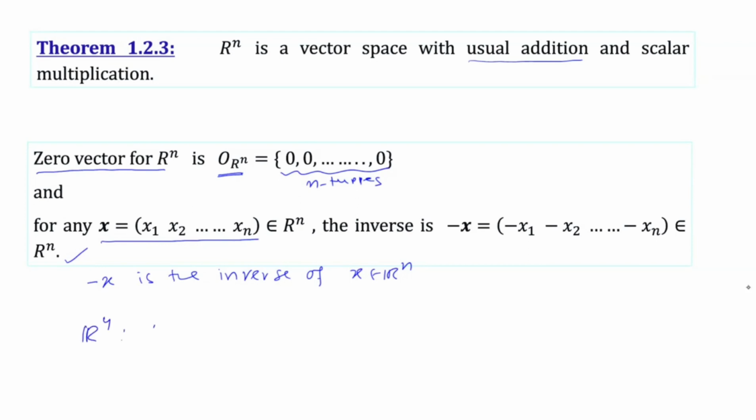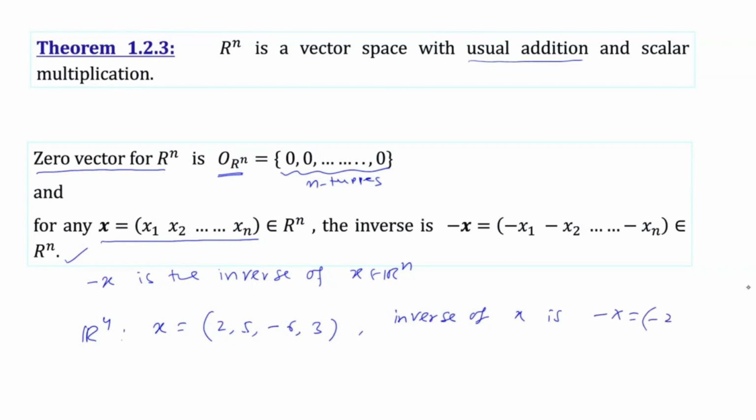So for each x belonging to Rn, there is a minus x which is the inverse of that x. For example, x is equal to (2, 5, minus 6, 3) in R4.